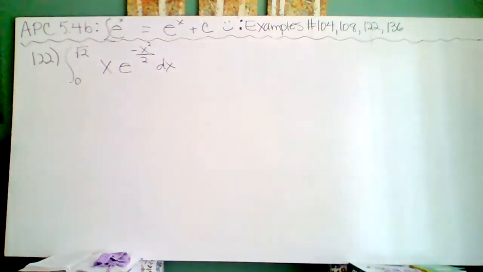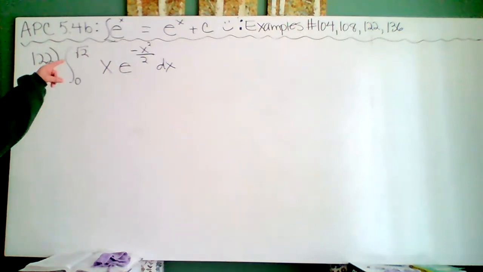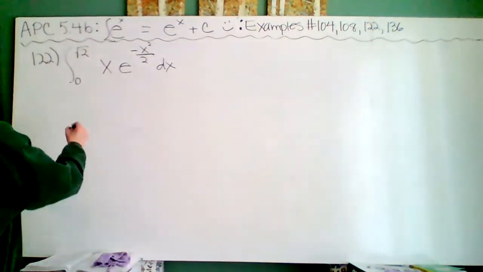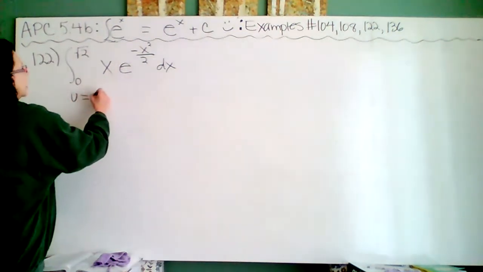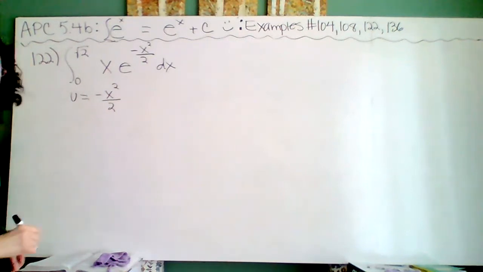All right, I see a product. I see an inside function of negative x squared over 2. I'm going to try to make my u negative x squared over 2. See if it works for us.